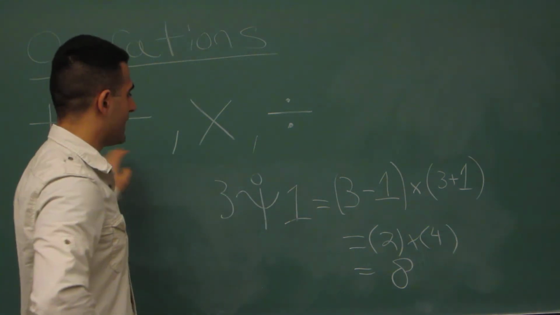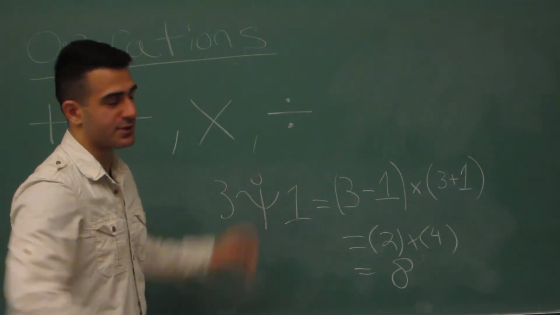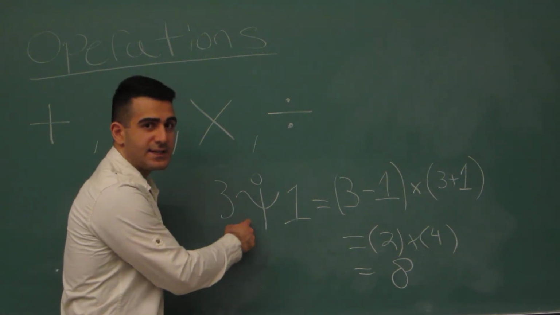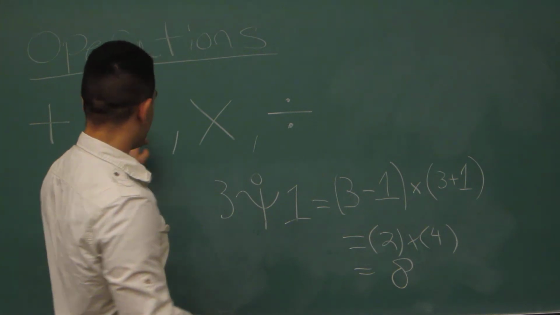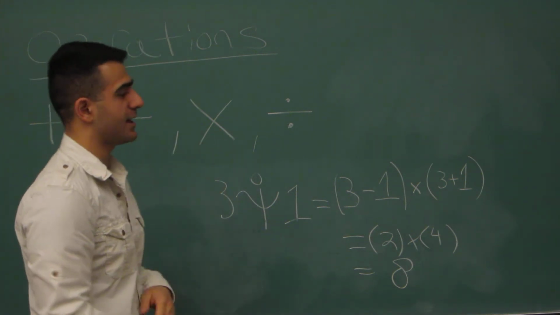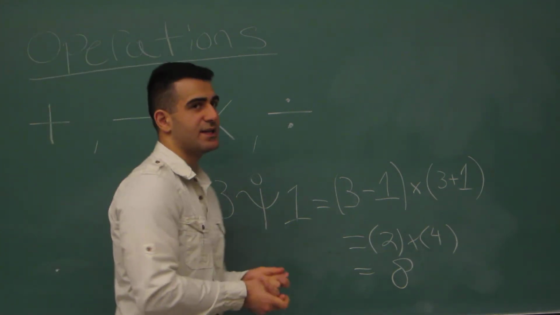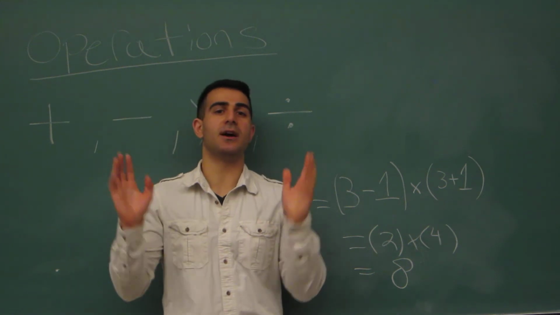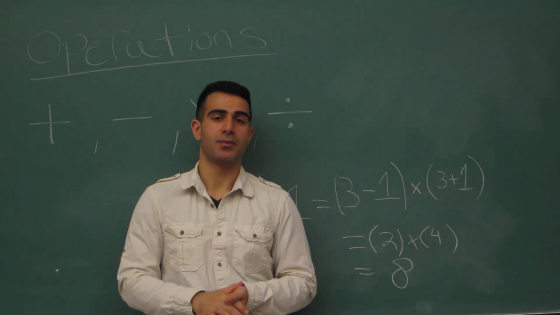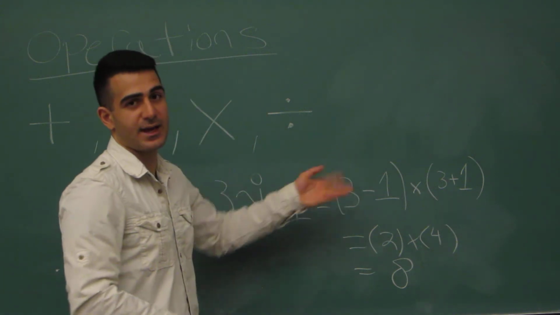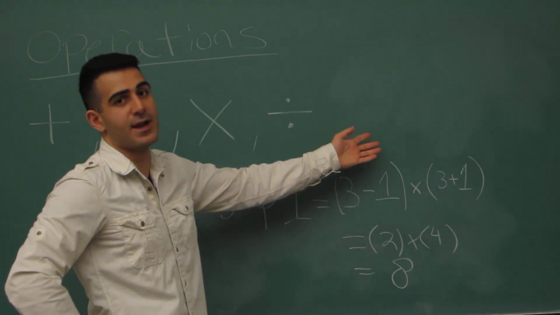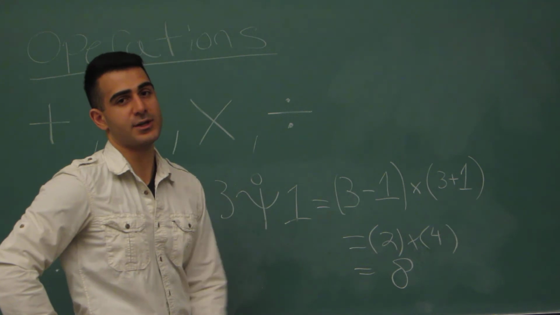For example, let's look at this one. I said 3 fancy I 1, that involved subtraction and multiplication. But if you could somehow come up with some new concept for an operation, then that's valid as well. Like if you wanted to do some crazy thing, you have to invent something brand new, that's a valid operation.